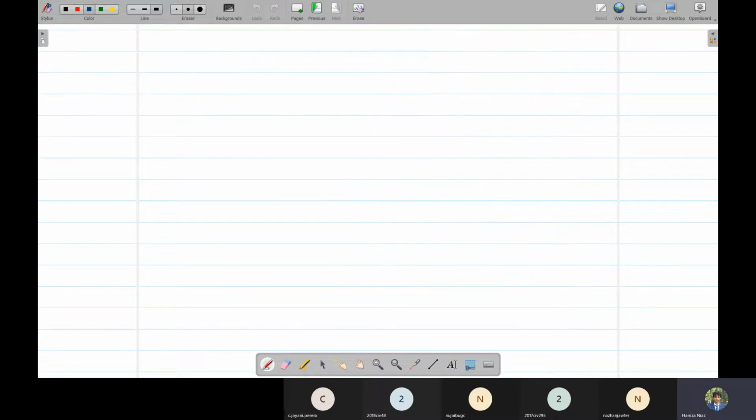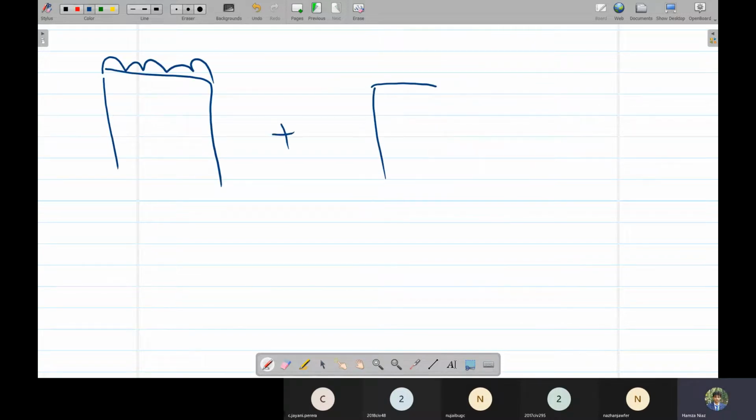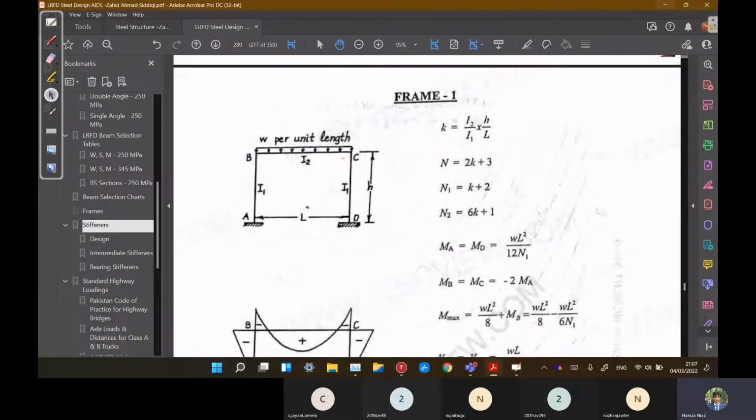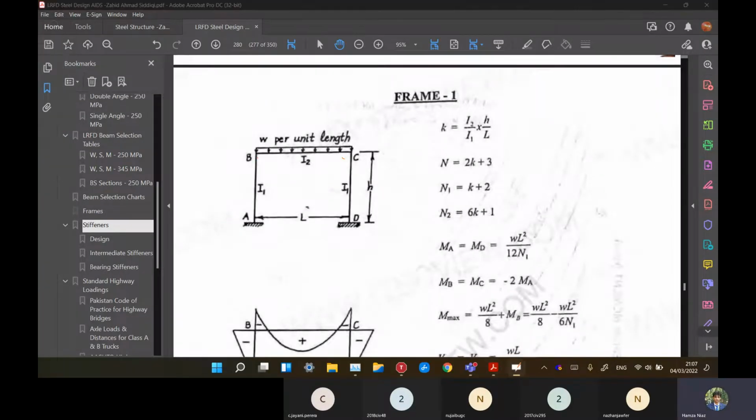So we'll divide this frame into three parts. The first part contains only UDL. The second part contains only this wind load. The third part contains only notional load. So we'll carry out three separate analyses. For UDL, we'll use frame 1.